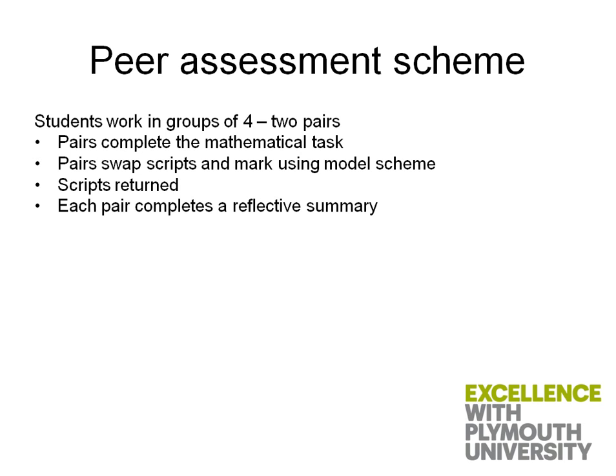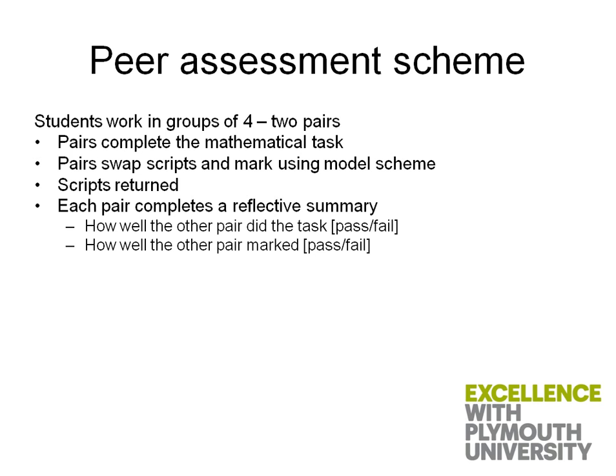Each pair then completes a reflective summary, which is supposed to identify good and less good aspects, both of the mathematical work and of the marking. And for each of those aspects, namely the mathematical task and the marking, each pair is given a pass or fail mark.